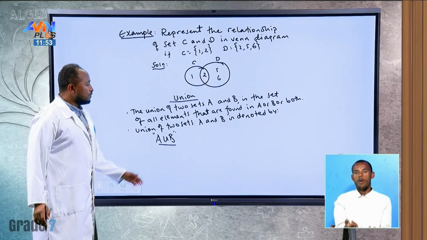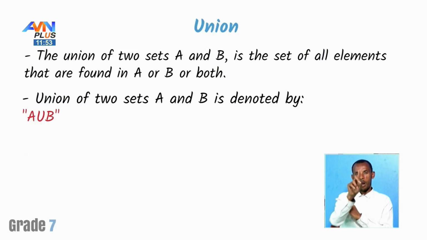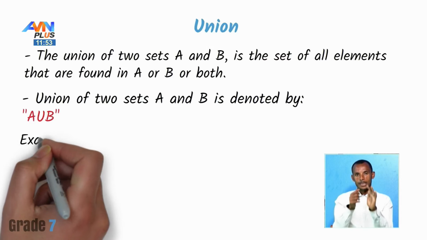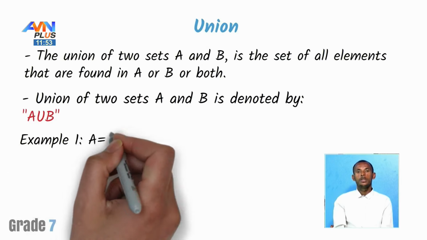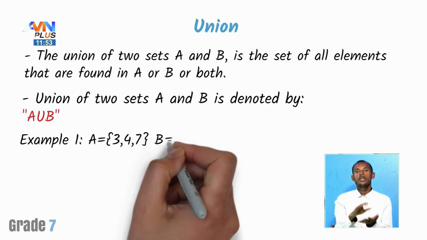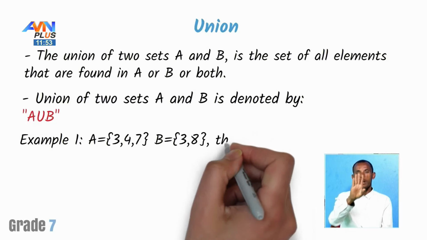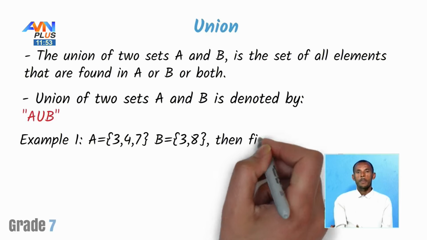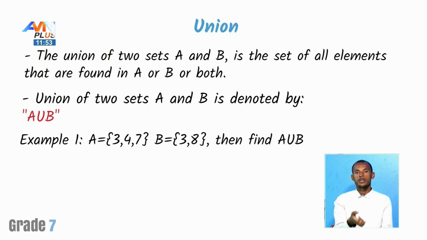Now, I will give you an example for this one. Example 1. Suppose set A contains the elements 3, 4, 7, and set B contains the elements 3, 8.